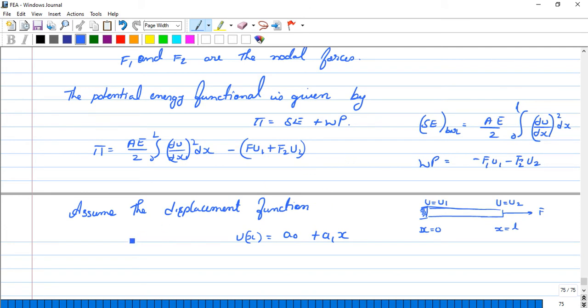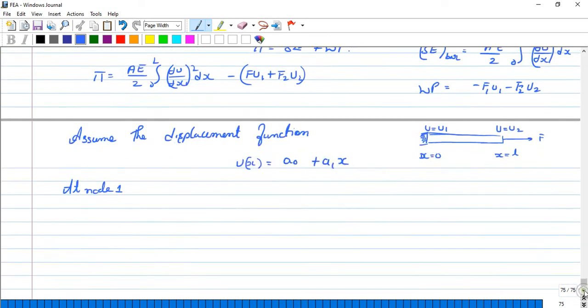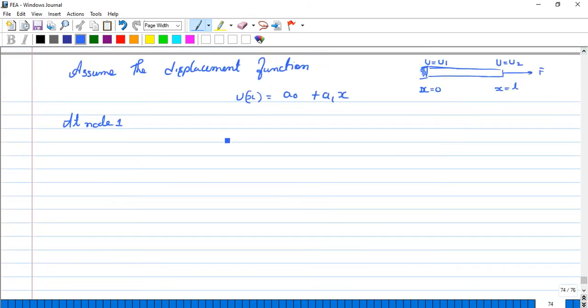Okay, so let us consider node 1. We know that at node 1, x will be 0 and u we consider as u1 displacement. So when I substitute, I can write u1 equals a0 plus a1 into 0. So I get a0 as u1.